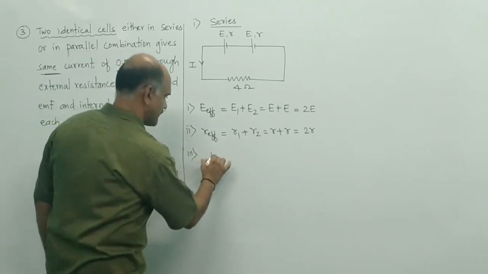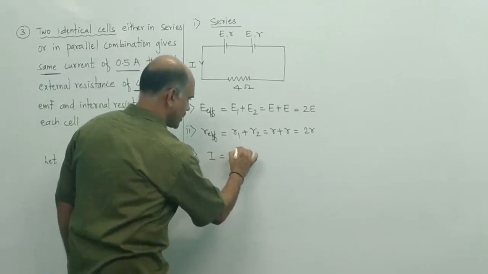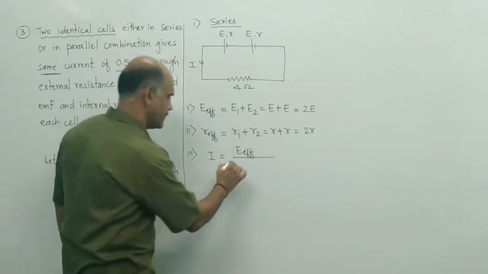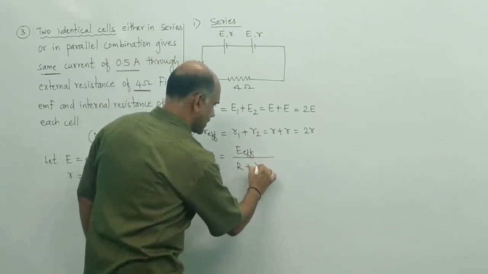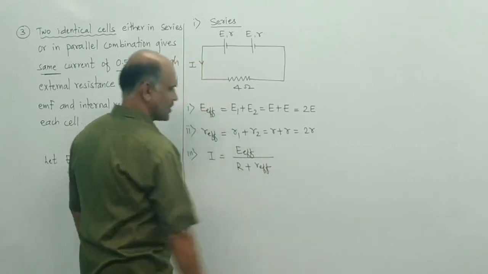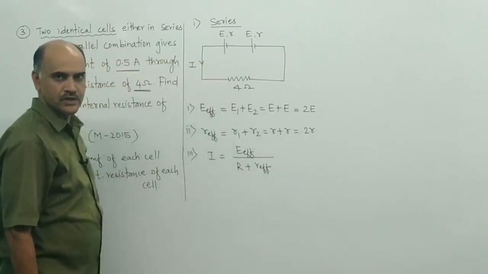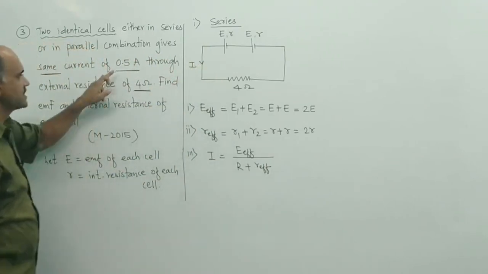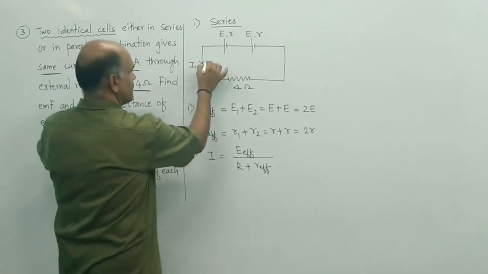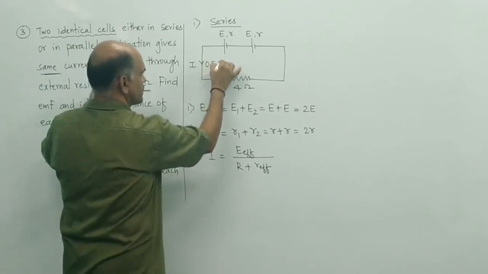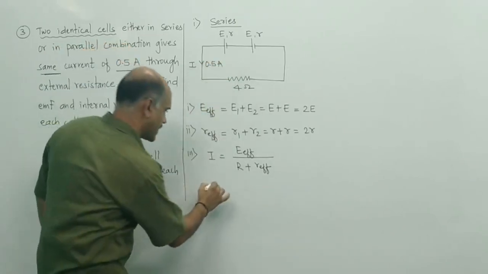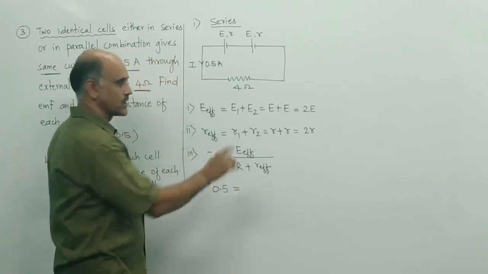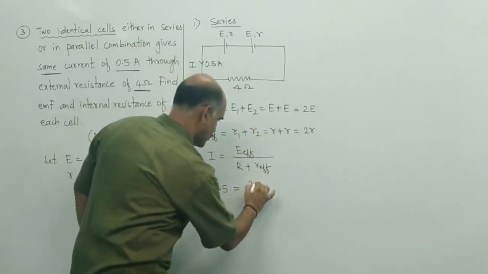In the third step, I will write the expression for main current. I is equal to E effective divided by R plus r effective. Now substitute. The main current he has given is 0.5 ampere.